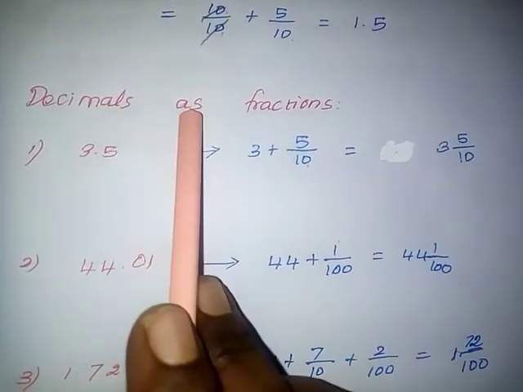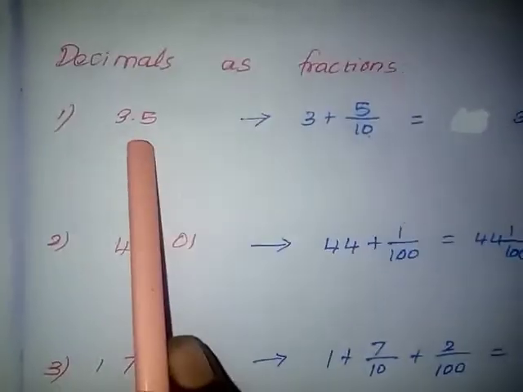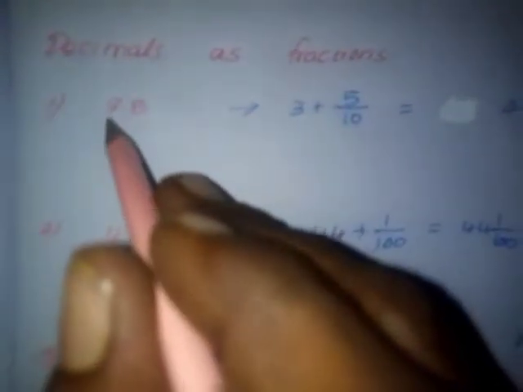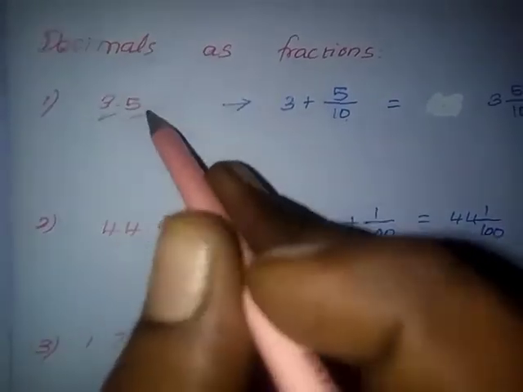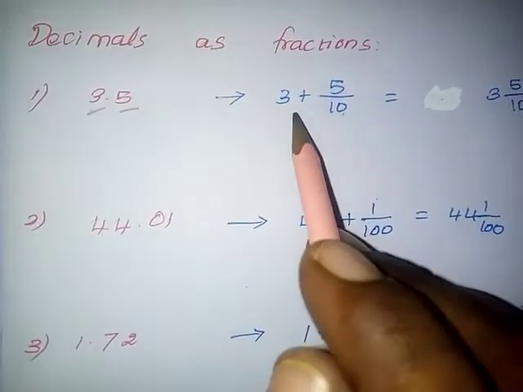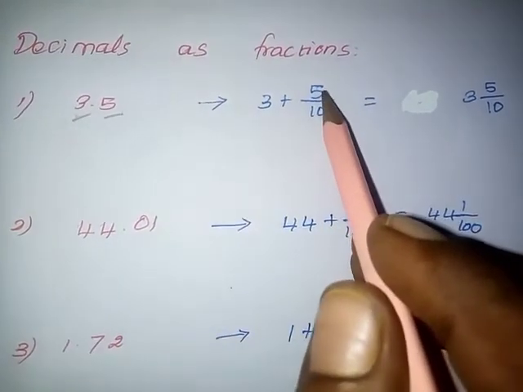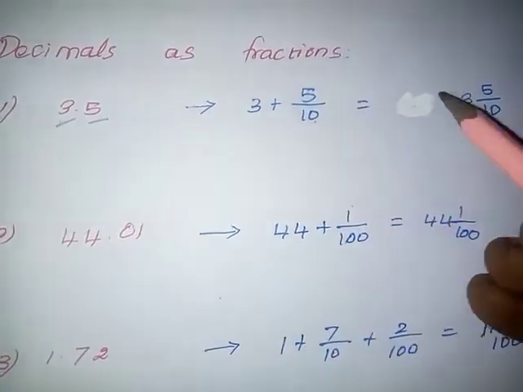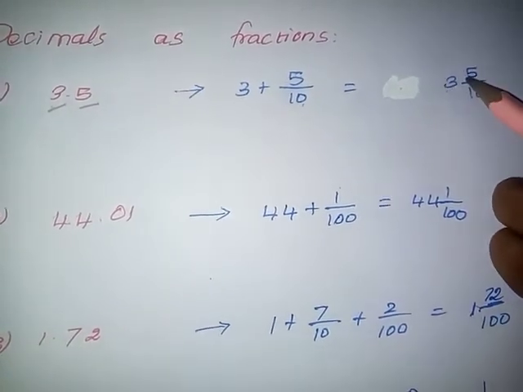Now decimals as fractions. The given question is 3.5. Here the integral part is 3 and the decimal part is 0.5. So 3 plus, 5 is at the tenth place, so we write 5/10. So the respective fraction value is 3 5/10.